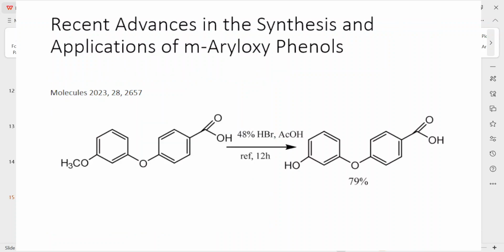This is a simpler method with 48% HBr in acetic acid, and the only problem, like I told you earlier, was the loss of HBr over time, and that can be compensated if at all it works for you.